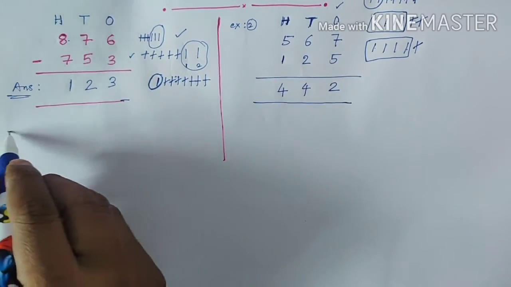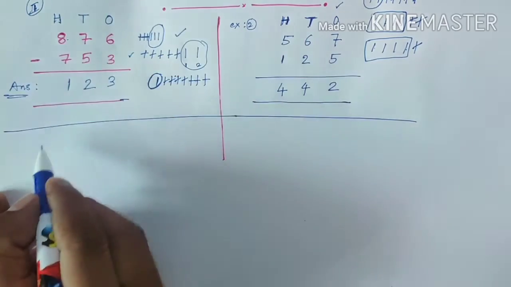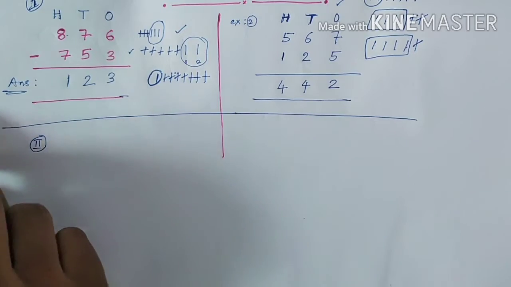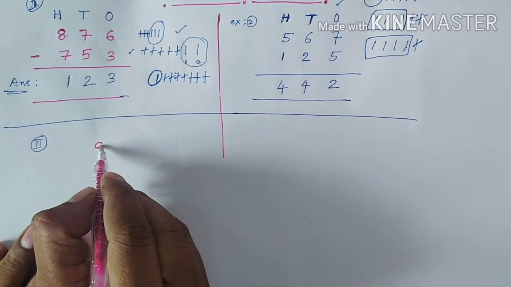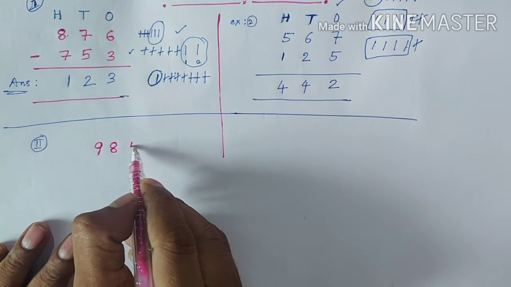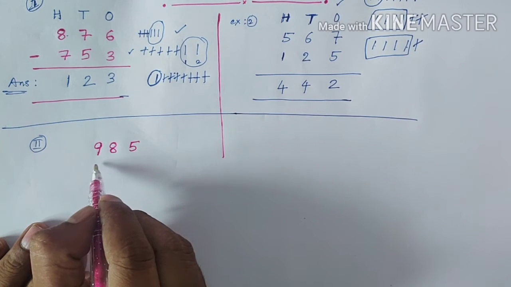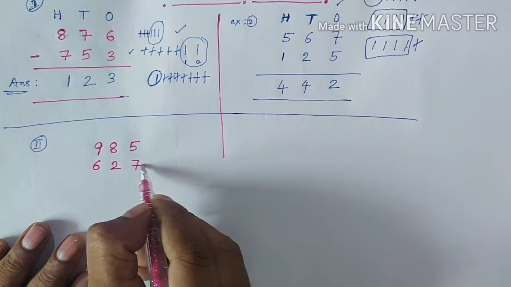So now let us go for the second model. Here I am taking 985, and now we have 627.